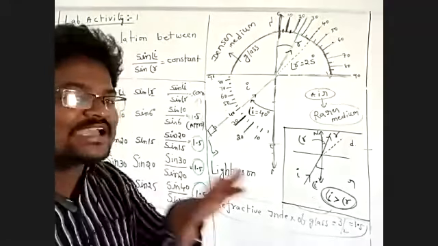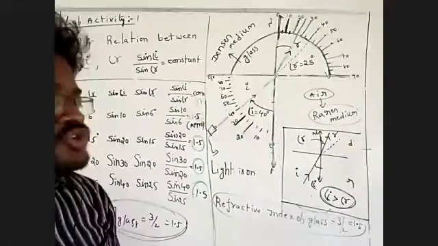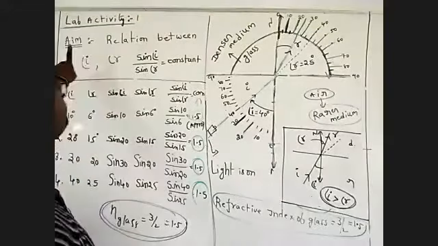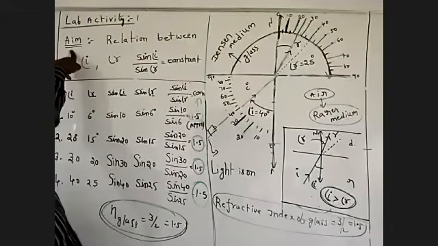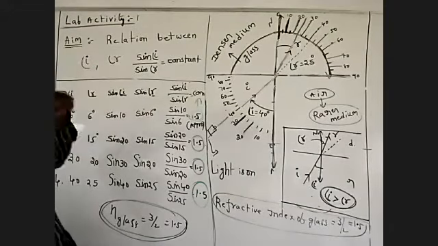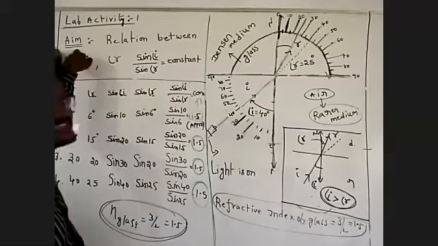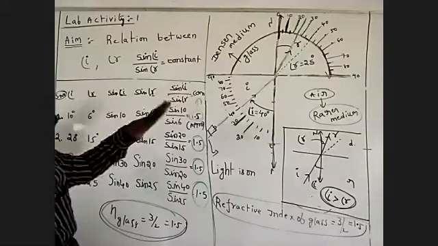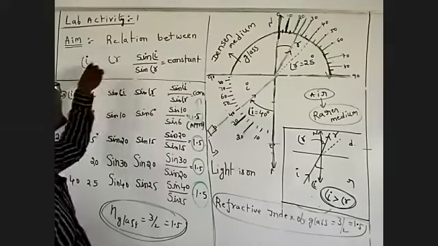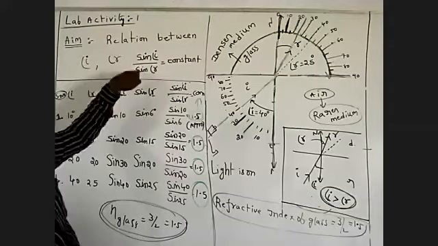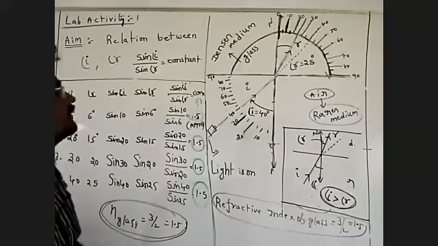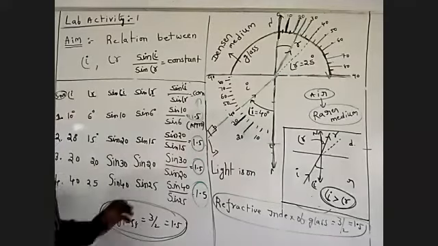First of all, you start like this. Put the aim here: relation between angle of i, angle of r, and sin i by sin r is equal to constant. Next, the materials required.